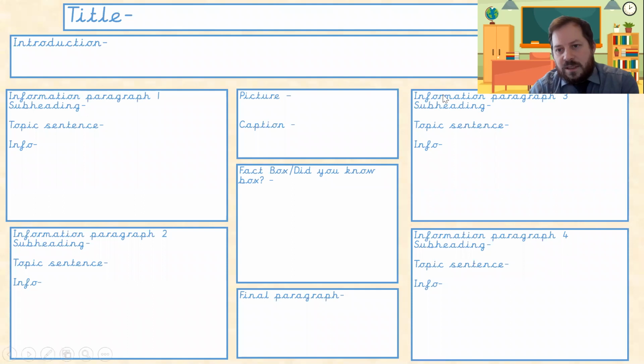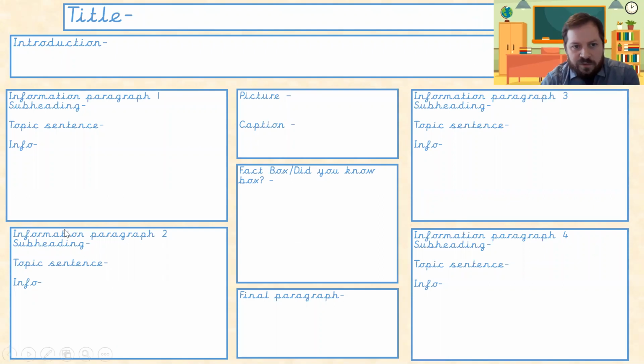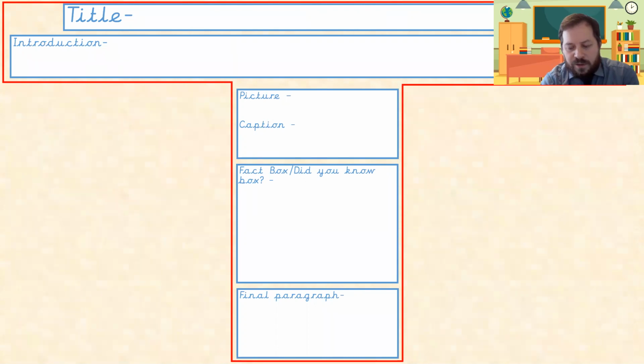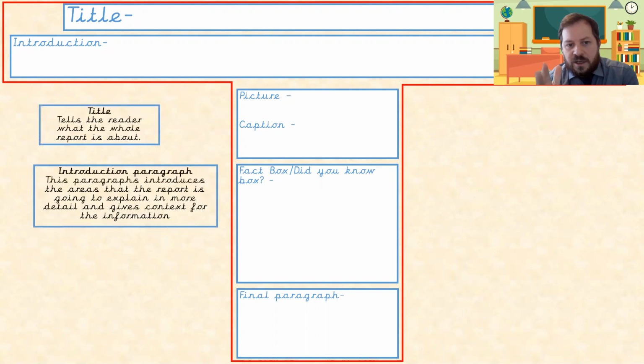So let's go. This is back to our box up. We've done paragraph 1 and 2, and hopefully 3 and 4 now. So the ones we're looking at are these bits in the middle here: the title, introduction, picture, caption, fact box. And the other bit that we're looking at here is the final paragraph. Now, I'll talk through that in a second. So first, the title and introduction.